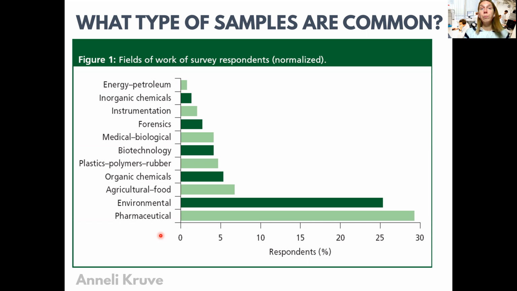And also, what is the speed of the sample preparation that needs to be applied? Are there hundreds of samples that need to be analyzed within an hour, or are they more a few samples where you can consume more time on preparing the samples?